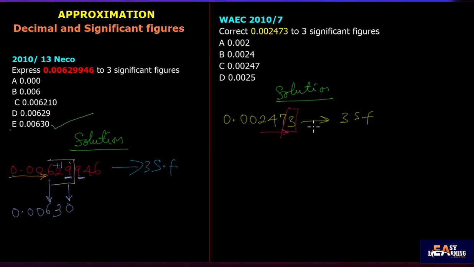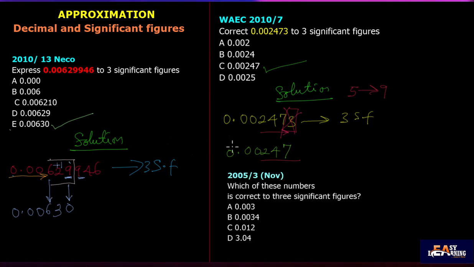We're just going to ignore it, and when we ignore it, what we simply do is write down the answer without factoring in that 3. Why? Because the 3 is not up to 5 and it's not above 5. So we ignore it, keeping our answer this way. Let's look at it, and option C is the correct option.